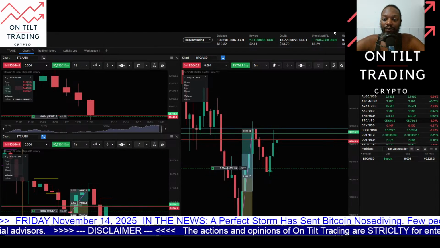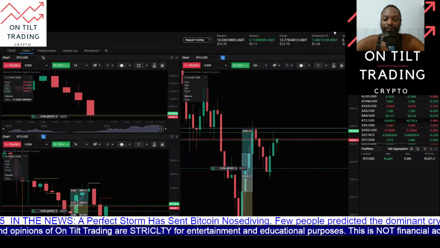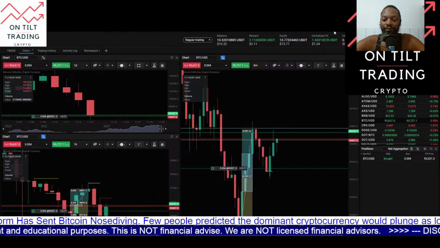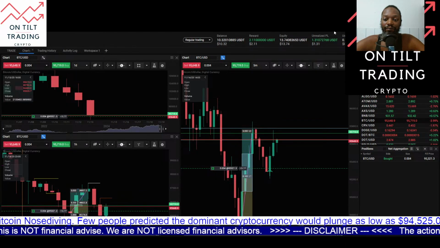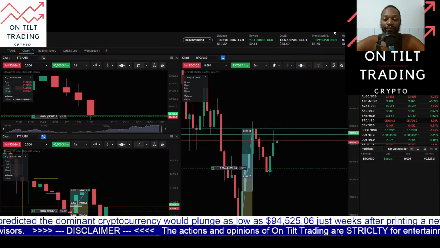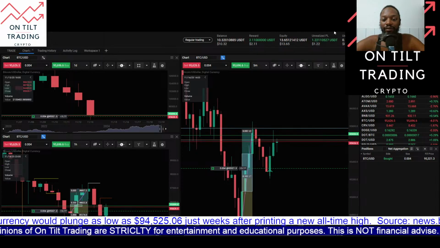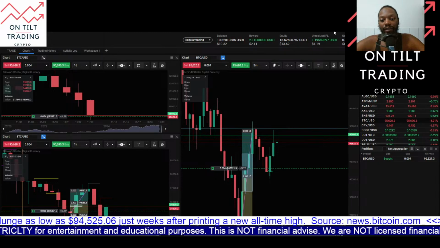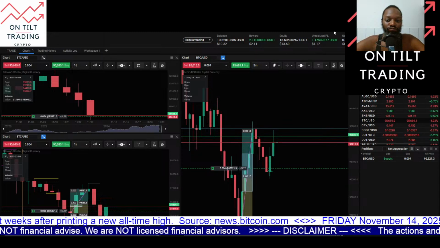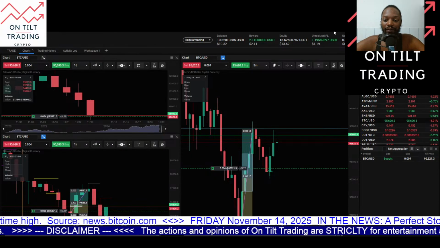Getting some buy side delivery with speed here. 95,650. And the algorithm is still trading around the 60-minute order block. 95,620.